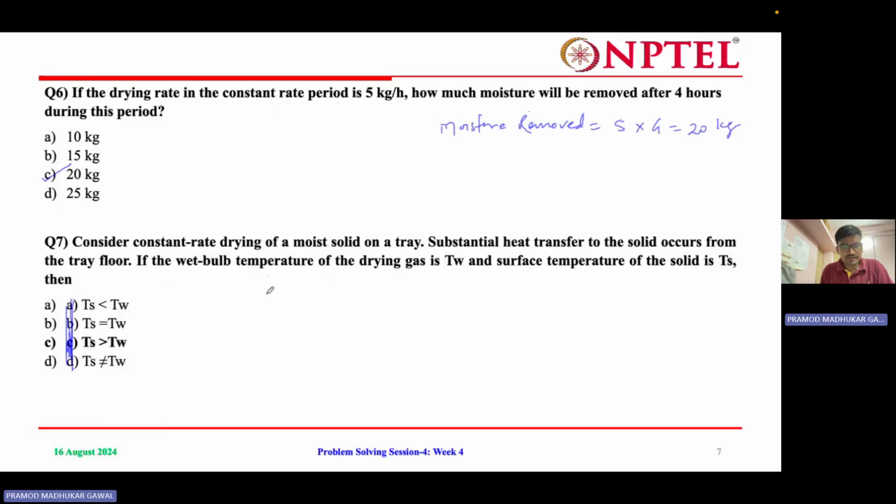So TS is slightly greater than the wet-bulb temperature. Option C is correct.